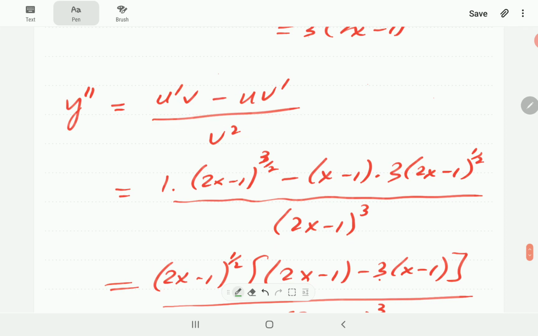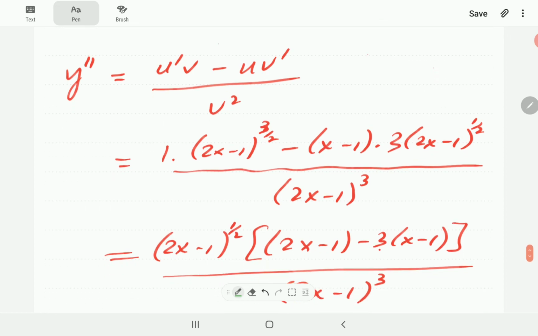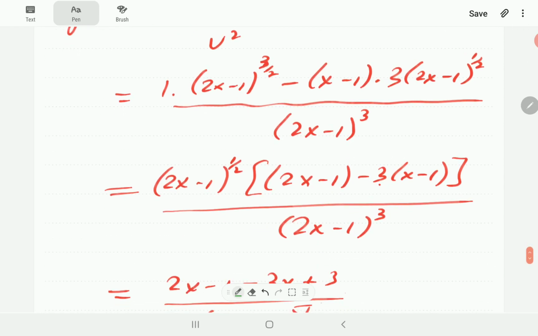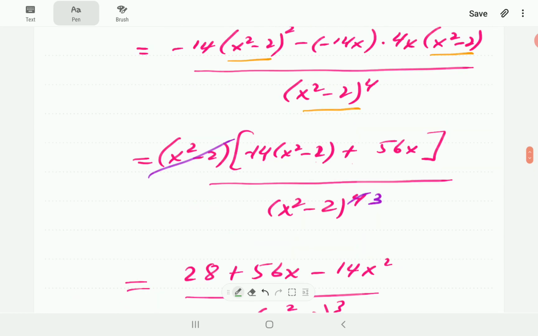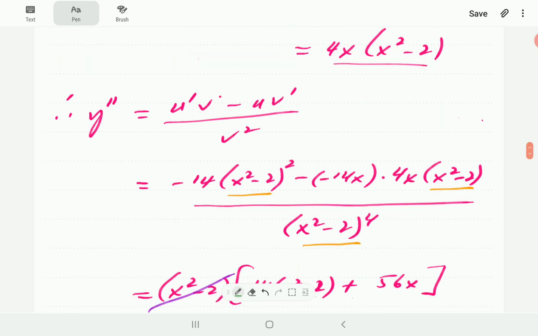And then when we've done that, we notice that again, there is a common factor of 2x minus 1 to the power half. So the common factor is always the smaller power of the two. Just scroll up. We have met a similar situation here.